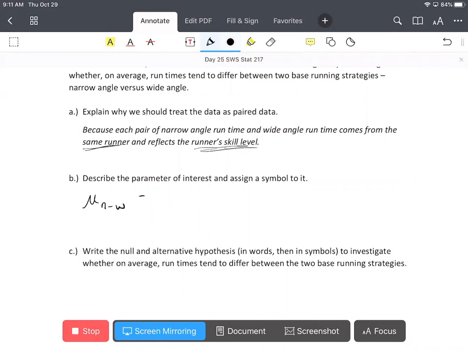And that is going to be in general, or in the long term, but I'll do in general, on average, how much longer the narrow angle takes compared to wide.